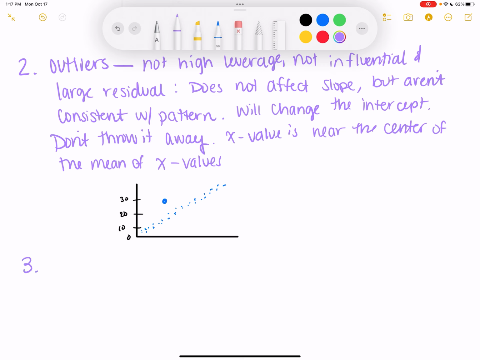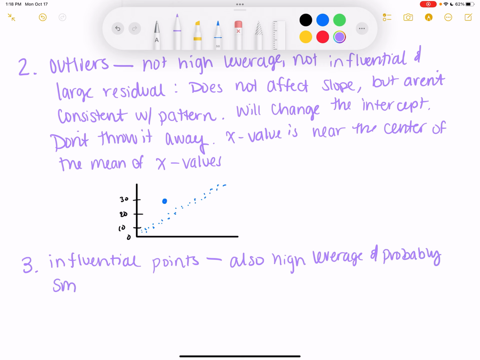And the last one, influential points, also high leverage, and probably small residual. These are the most troublesome. They aren't consistent with the model.